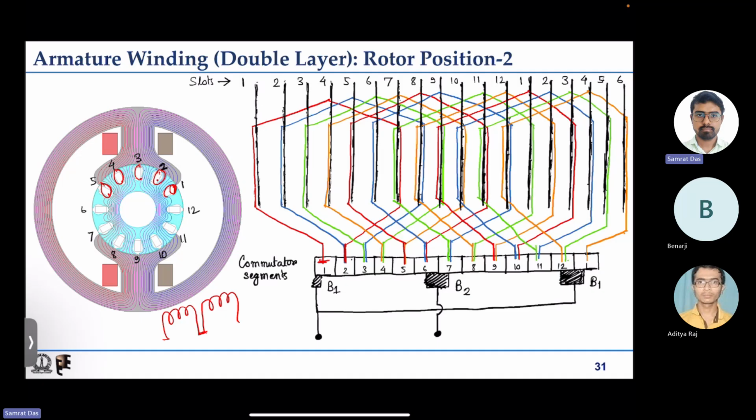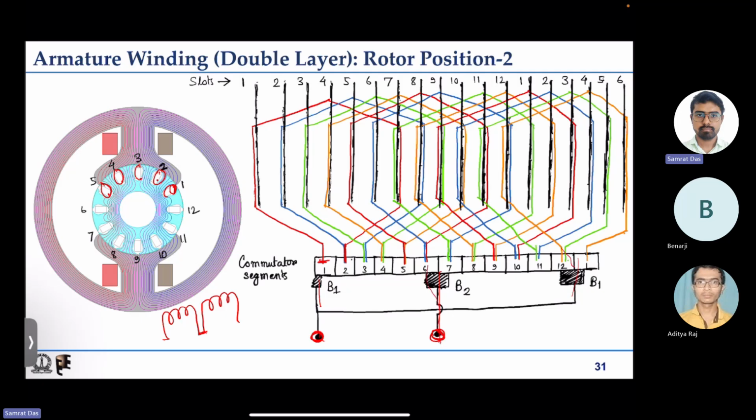So the entire armature winding, two terminals are these two ones. These two ones include two parallel paths. One is this path, 1 to 7. This is one parallel path. Another parallel path is this one, 12 to again 6 or 7, whichever.